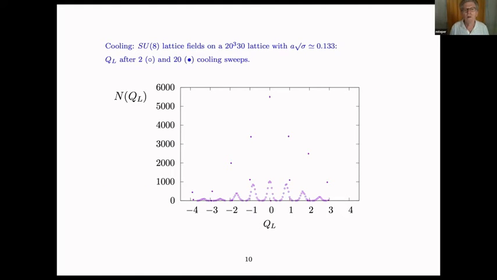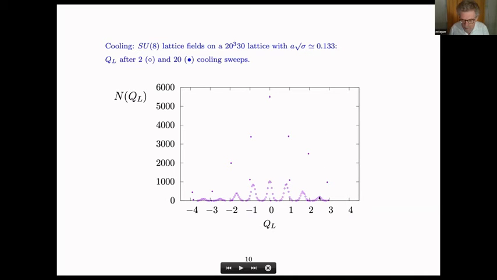So suppose we take some SU(8) lattice fields, on a 20 cube 30 lattice at this value of the string tension, which we calculate simultaneously. And suppose you do 2 cooling sweeps, and you plot the number of fields with different values of the lattice topological charge. And that is these open points.